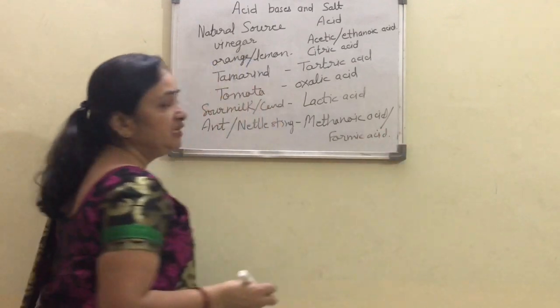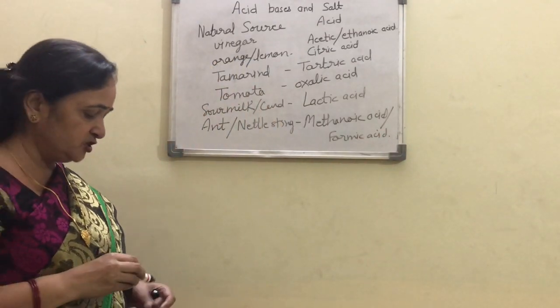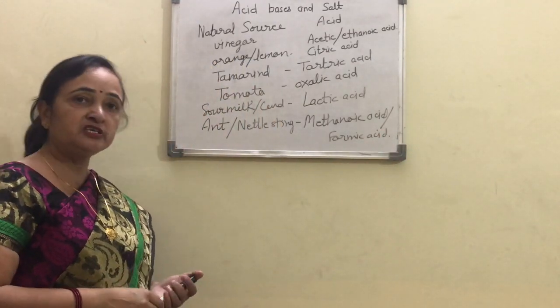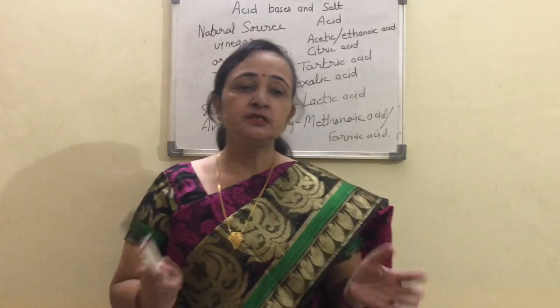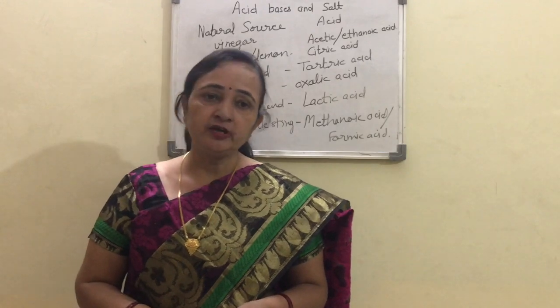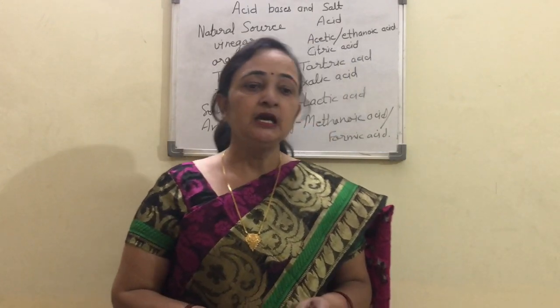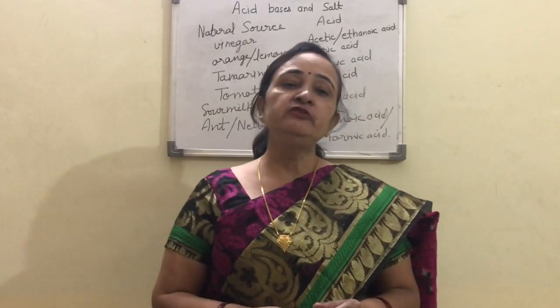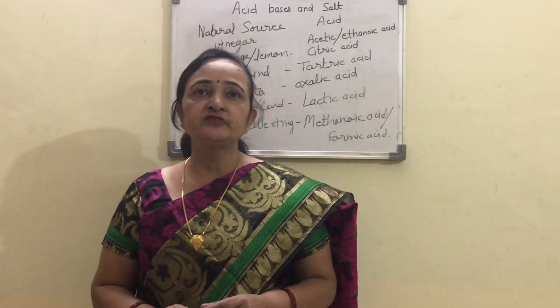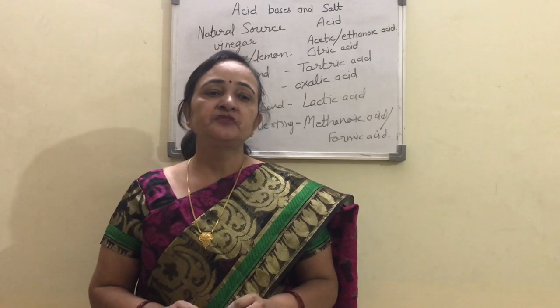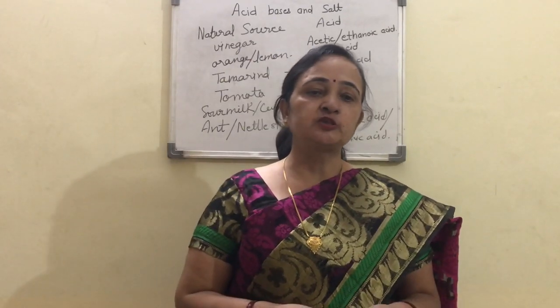Okay. So these are some of the naturally occurring acids, and this table is given in your NCERT book, and it is very important. So you just learn it. So this way your pH value is completed. Now in the next turn we will study about the family of salts and the pH of the salts, and then there are some questions related to this topic.